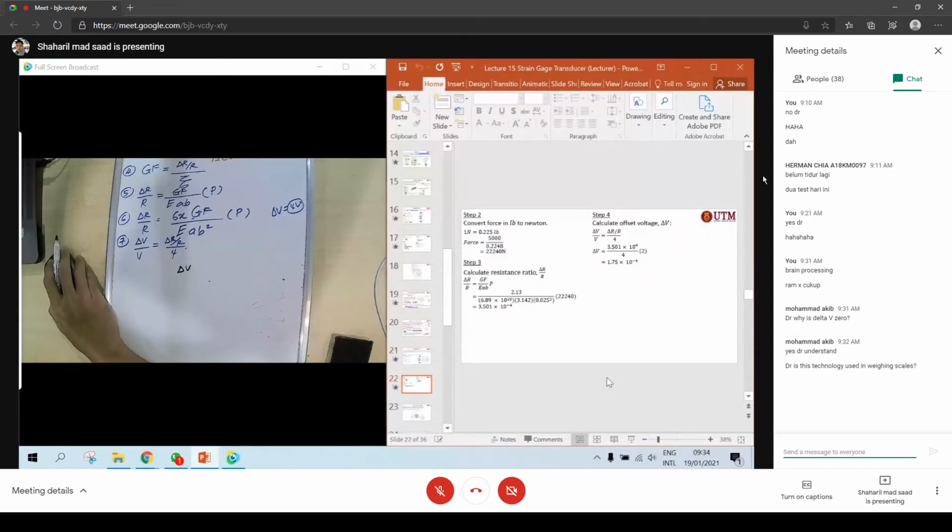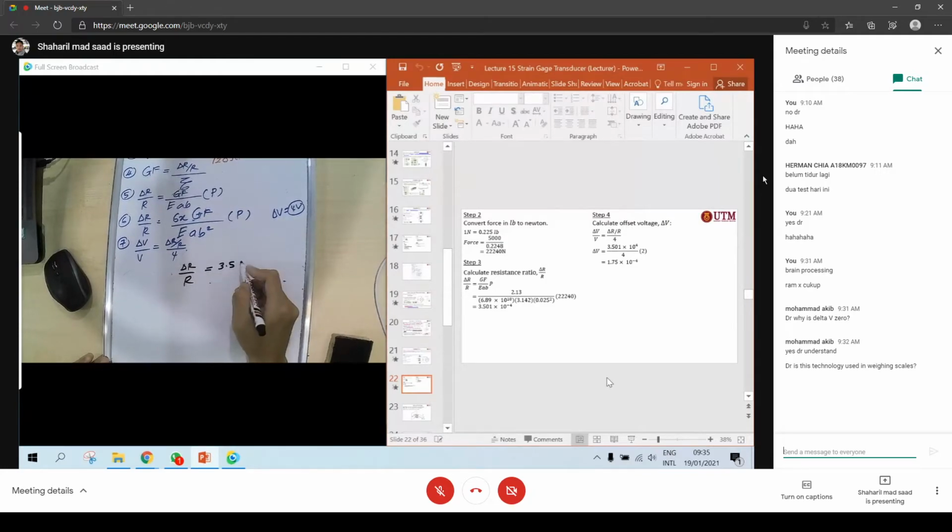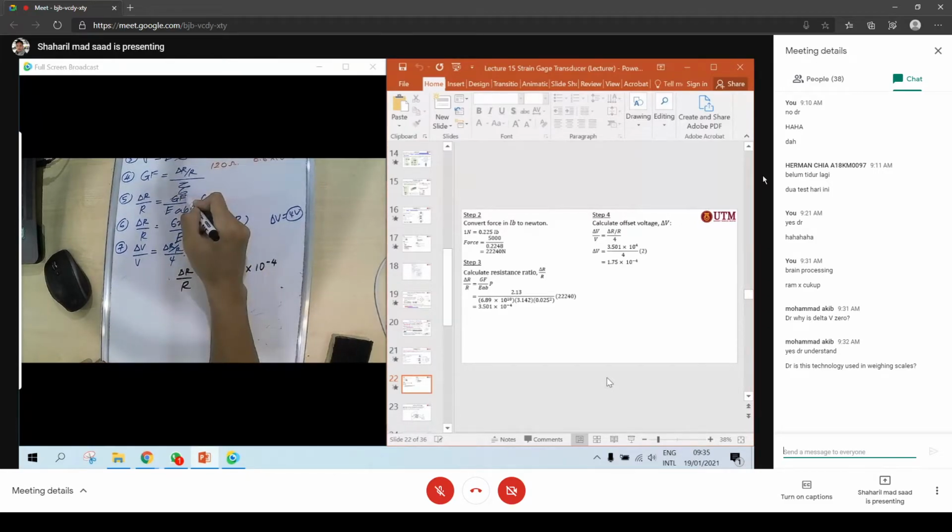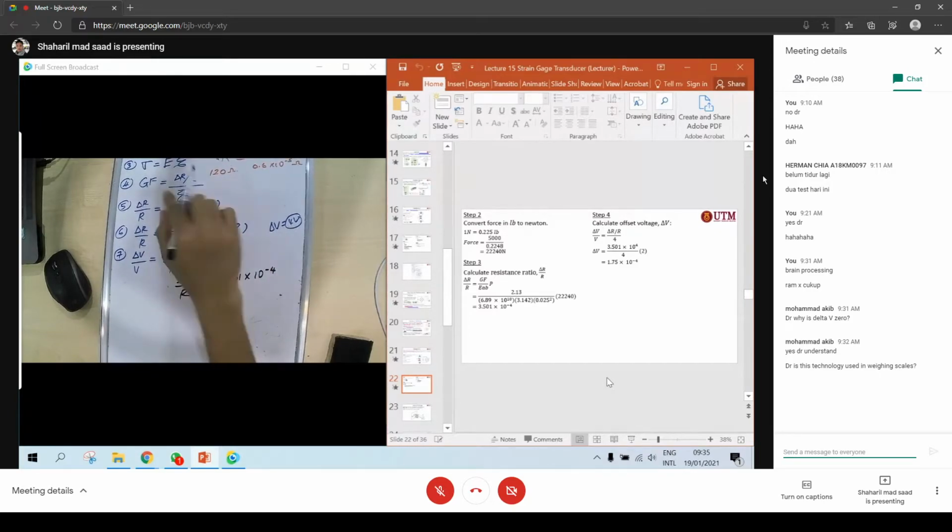What you get here is delta R over R from formula number 6, which is 3.501 times 10 to the power of minus 4. GF is from formula number 5, because this one is a load cell. GF is given, Young's modulus is given, and the area A you need to change to pi r squared because it is a rod.